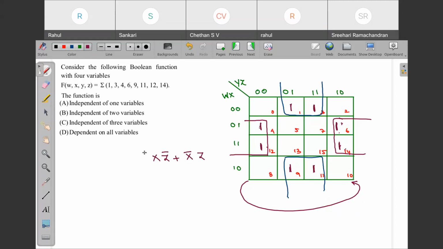So this is basically x XOR z. Here out of w, x, y, z, we have only x and z. So basically it is independent of two variables. Two quads possible, sir. Yes, very good. So this is independent of two variables. So option B is correct.